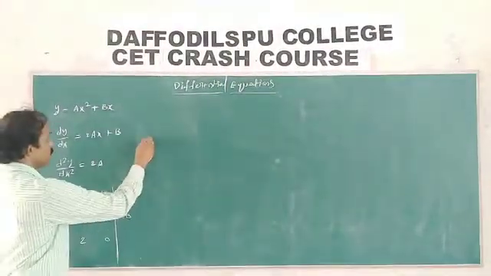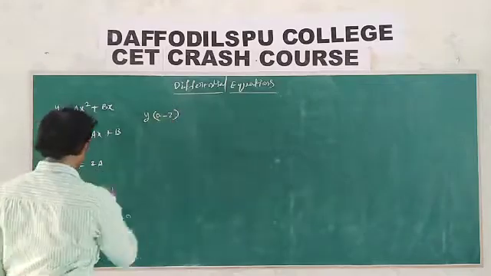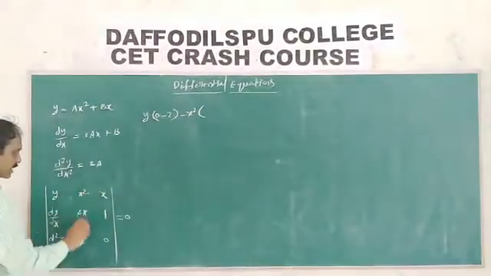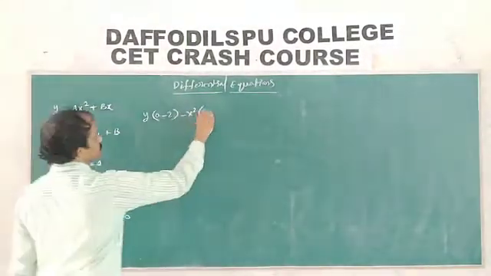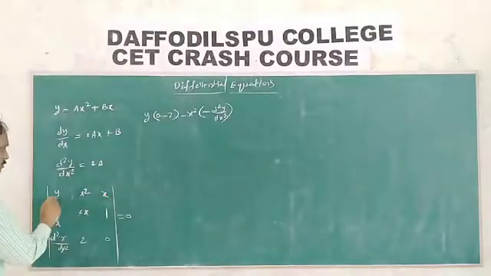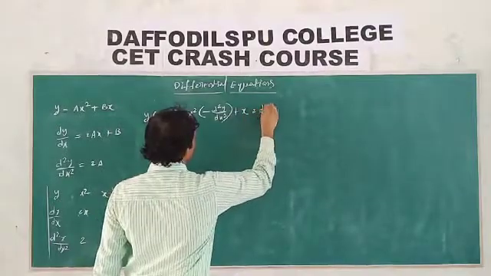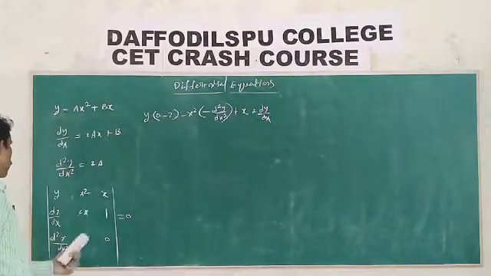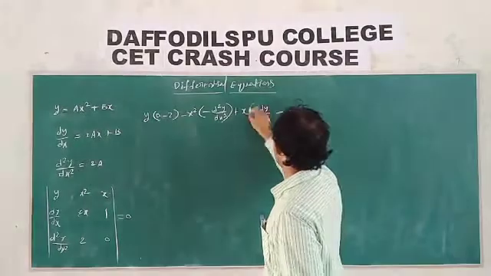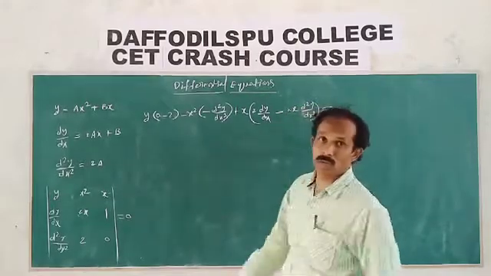So take the determinant: y of 0 minus 2, minus x square of 0 minus d square y by dx square, next x of 2 times dy by dx minus 2x d square y by dx square is equal to 0.